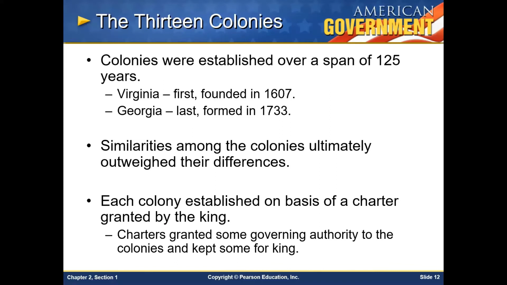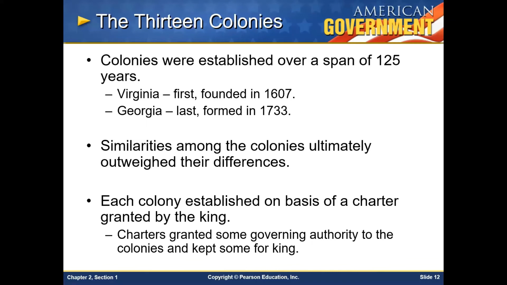Obviously, they use some creative license with it, but the general idea is they're founded in 1607, with Georgia being the last of the 13 colonies settled in 1733. The colonies as a whole were similar, but we are going to focus on the differences, but ultimately they were very similar in nature. We're going to focus specifically on the differences in how their governments were run and established.